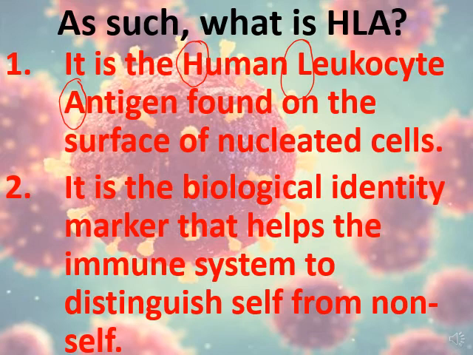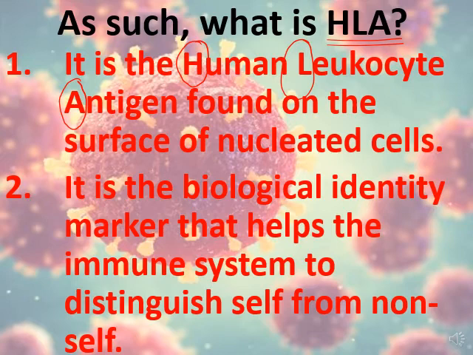So it's self, and the immune system won't attack it. It will be safe. The immune system depends on the HLA. If we have the HLA on the cell, meaning it has the logo, the identity marker, then this cell belongs to my body.